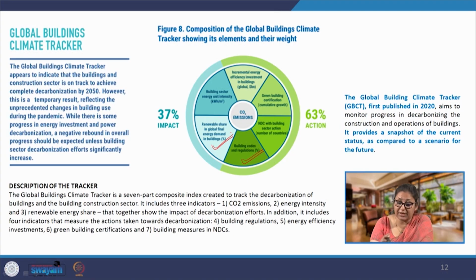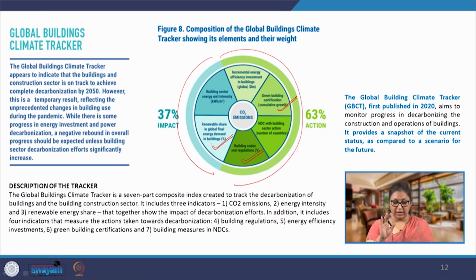Then we are also looking at green building certification. More green building certification implies greater awareness and selection of more sustainable materials, and of building designs and practices that are going more towards green, environment friendly and sustainable, thereby reducing the emissions. So, these are the action agendas and the impact agendas that we are talking about. They have identified 6 such indicators which are responsible for emissions.